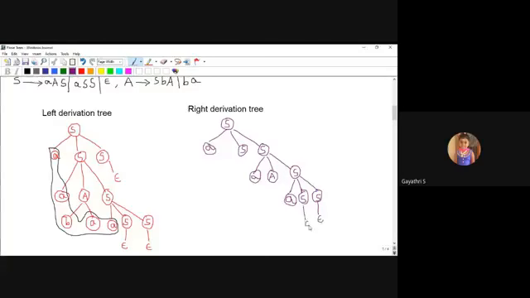For this A, I will choose here BA. For this S, which is also replaced by epsilon, C double A, B double A. The string is reached.